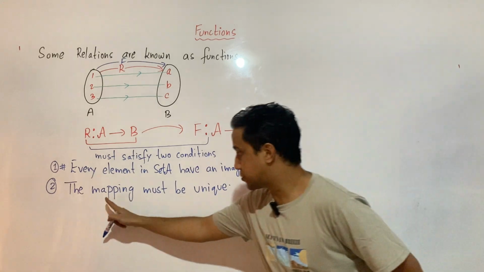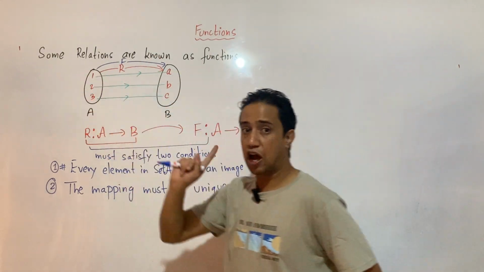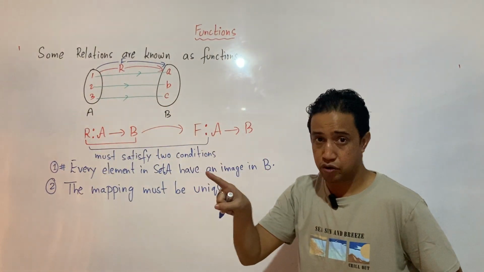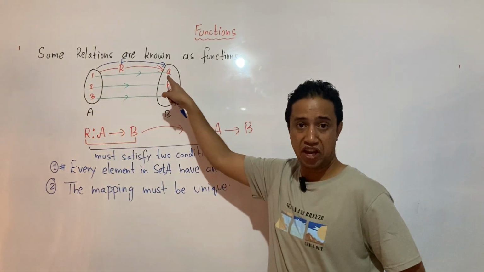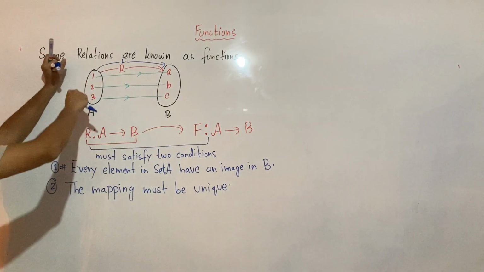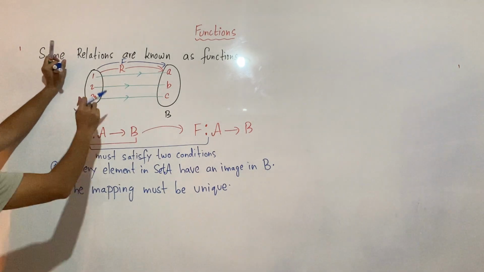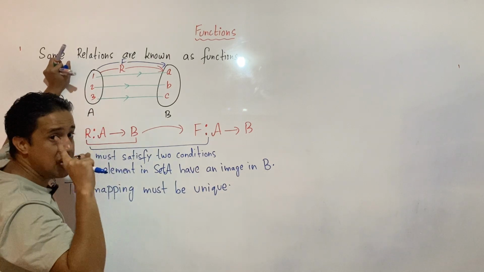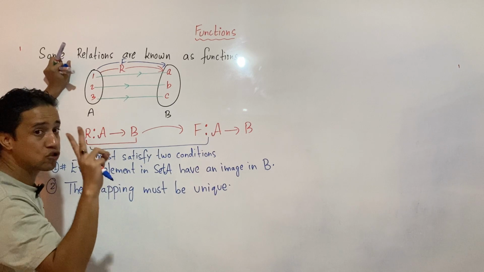It means that for each element of set A, you must have a unique image in B. Every element in set A must have a single mapping. See here, element 1 has only one mapping, only one image, that is A. It does not have two images.